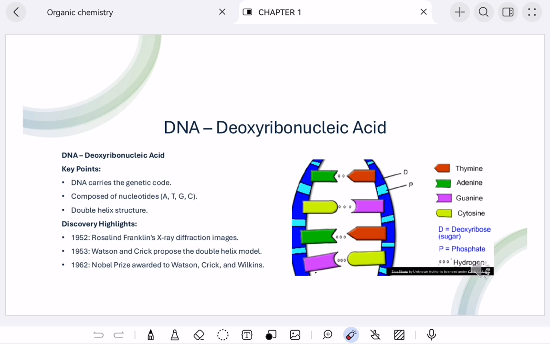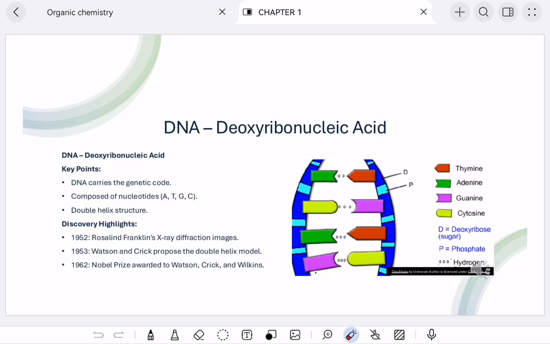It is a nucleic acid, and I said that a nucleic acid is an information storage system of life. So here it gets revealed that DNA carries a genetic code, right? I also said that DNA is made up of monomers, and the monomers of DNA and RNA are called nucleotides.